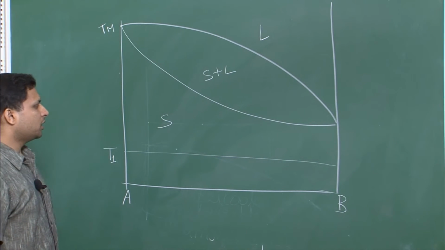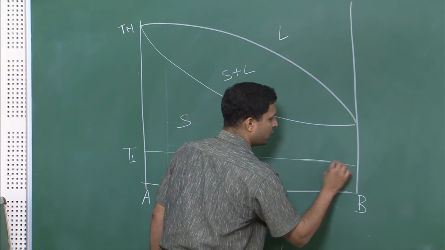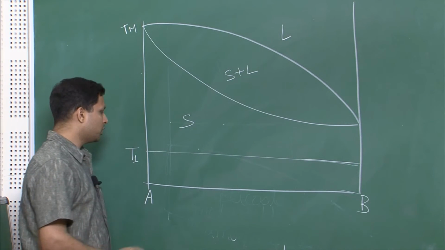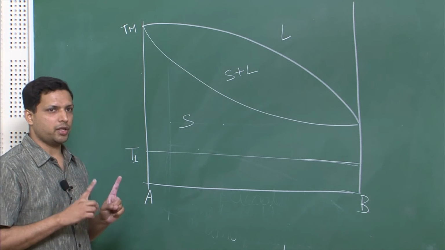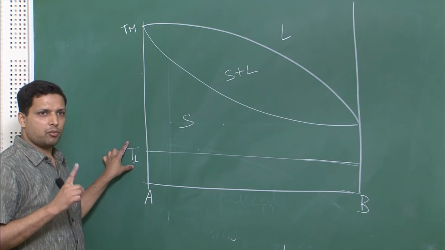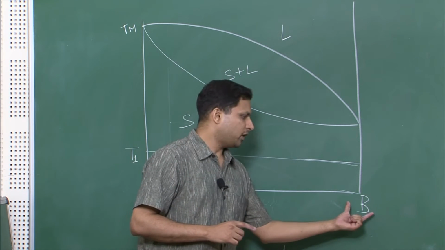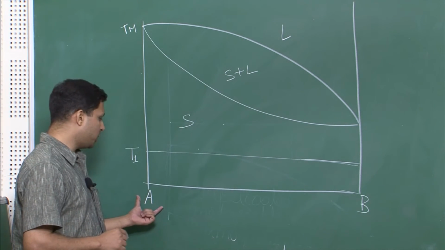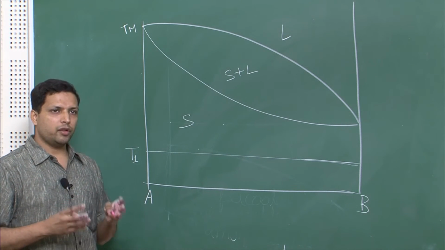Now, how does the free energy plot look for, let us say, this particular temperature, where we have only one phase existing for two components? Remember, we are not talking about a single component anymore, we have two components. The two components can be two different elements, two different compounds, or any two different entities.